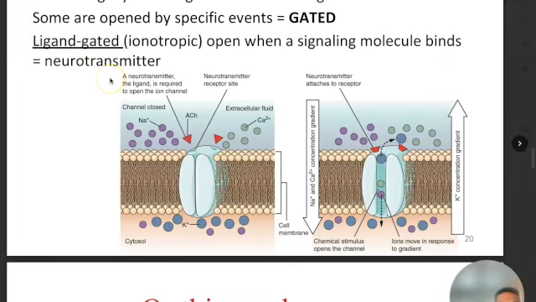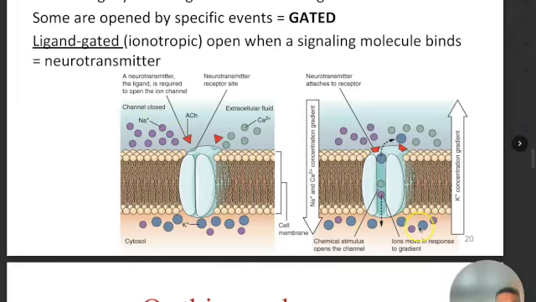As you can see here, the neurotransmitter is the ligand. Ligand is required, so it comes in, attaches to the receptor site, and then the gate will open. Now, what happened? Remember, outside there's 10 times more sodium. Once it opens, sodium will rush in.